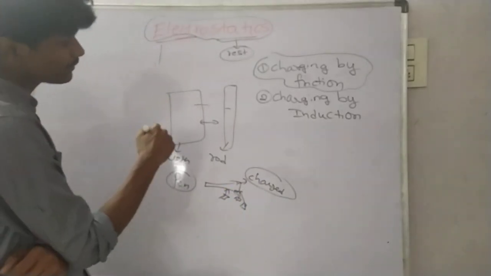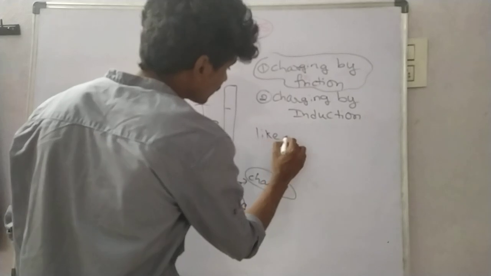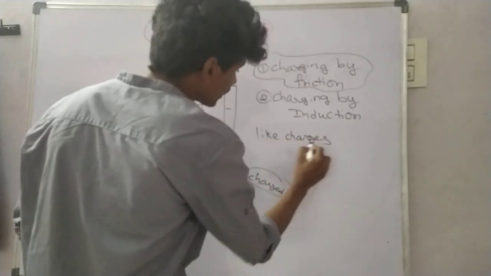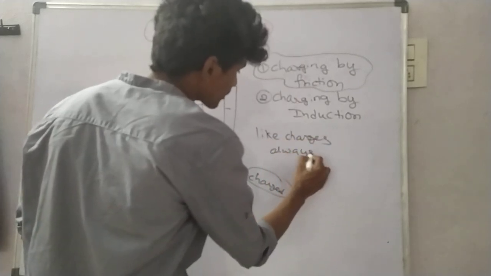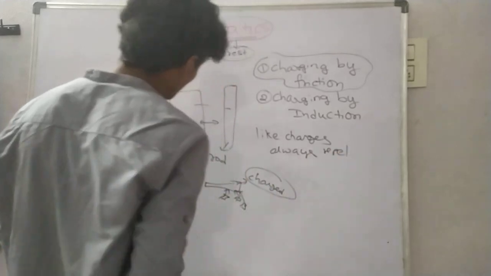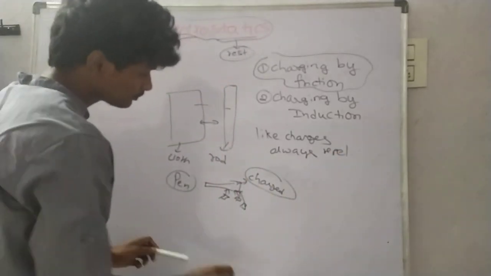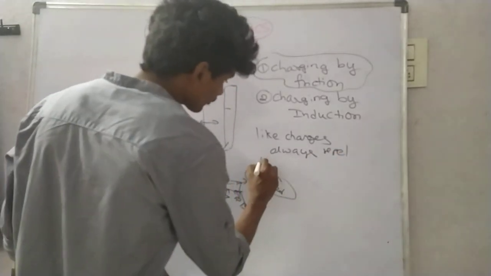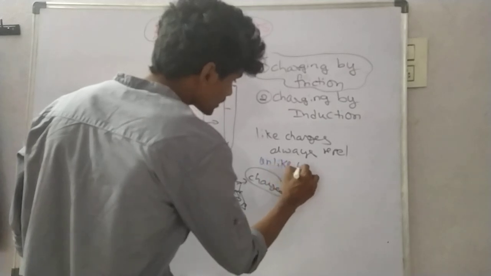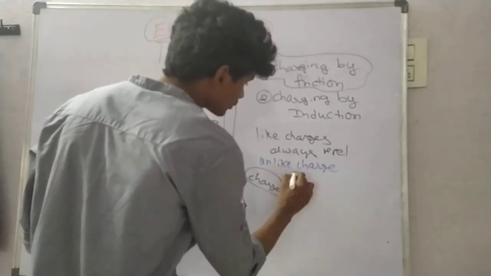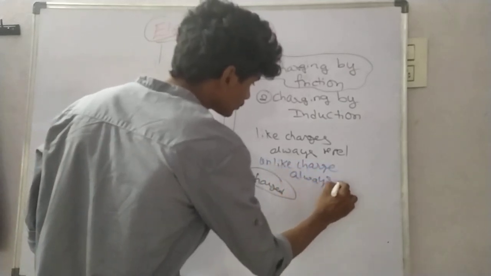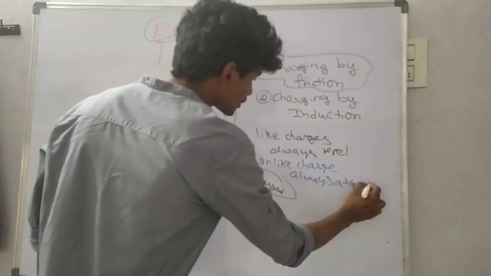So the basic thing is, like charges always repel, and unlike charges always attract. So this is the concept.